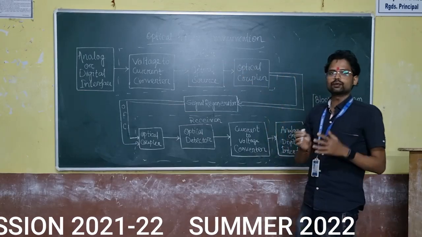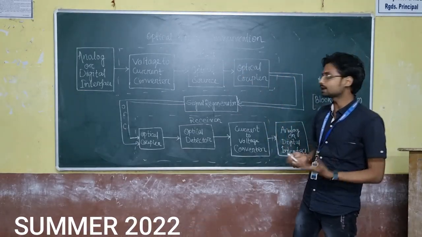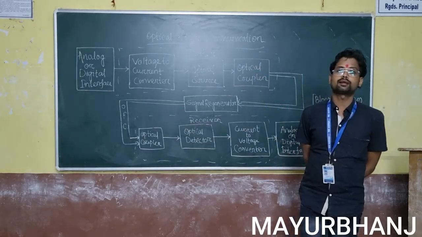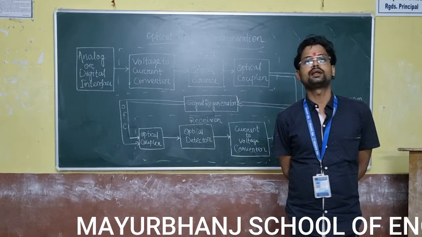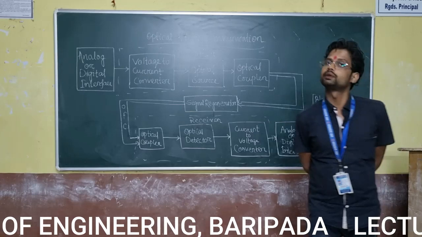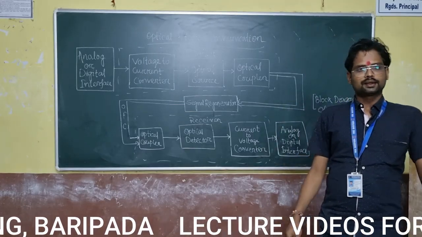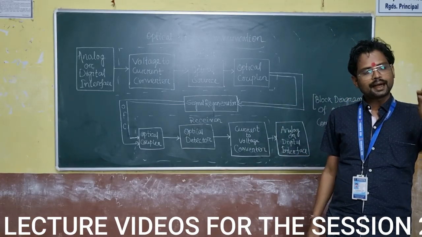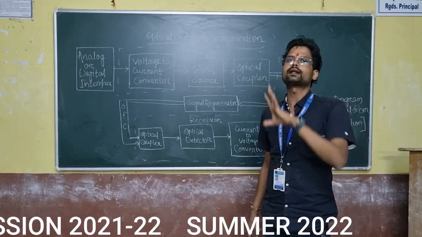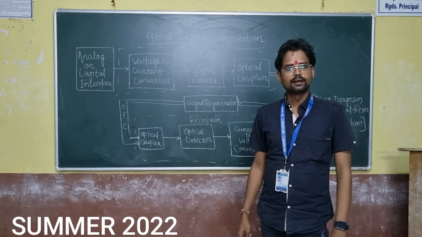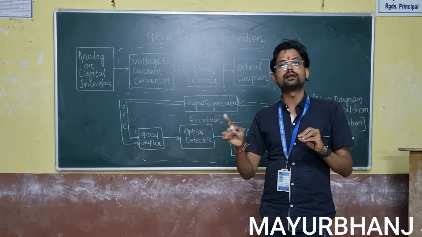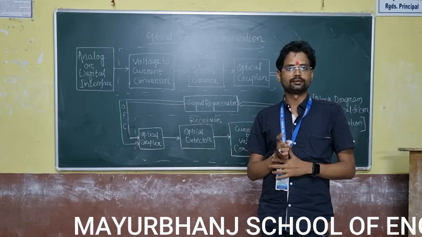Now, what is an optical coupler? It is also a very important element in optical fiber communication. The light source, or the optical source, will radiate the light energy or light signal, but how will it travel into the optical fiber?